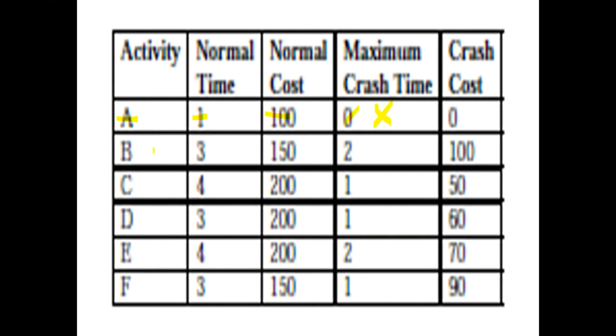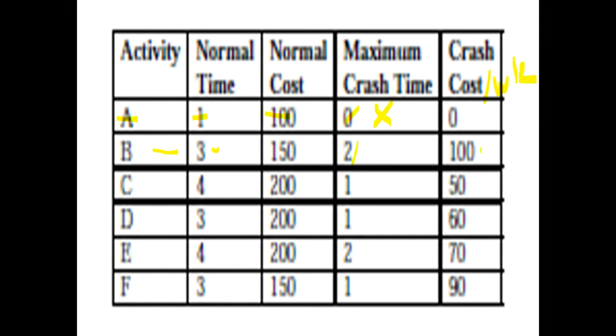You speak to contractor B, and they are saying that the time to deliver their activity is 3 weeks. Normal cost is 150,000, but they have the potential to reduce it by 2 weeks, and this is a crash cost per week, by the way, and you will have to pay an extra 100,000 for it.